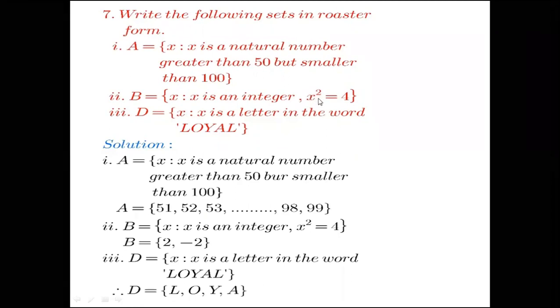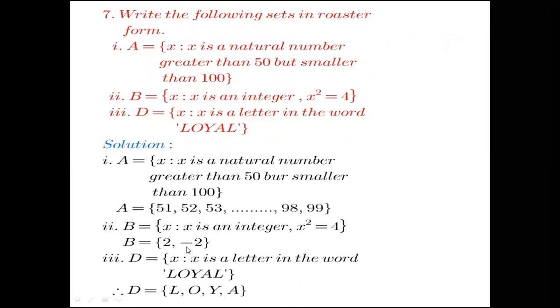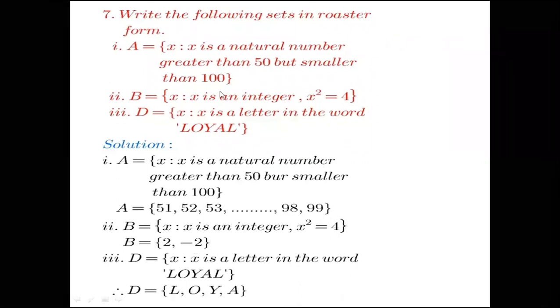So not only plus 2 but minus 2 also satisfies that condition. X square: you are taking the square of a positive number and the square of a negative number, so you'll get the result as positive only. So 2 square is 4 as usual. Minus 2 square is also 4. Means here the elements in this particular set are 2 comma minus 2.